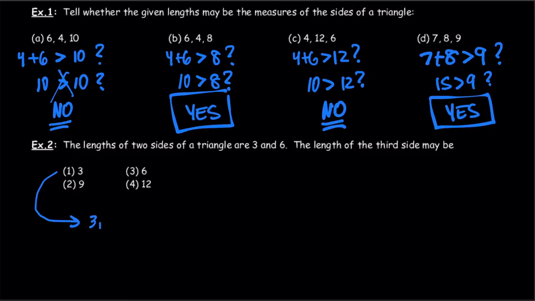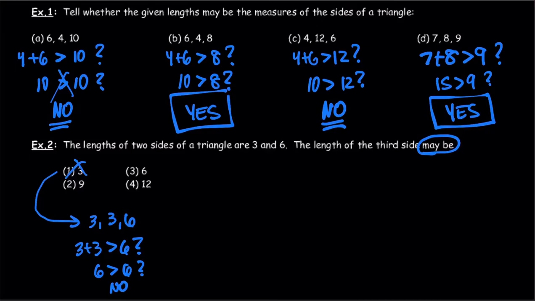It would be 3, 3, 6. You put these three sides in order, 3, 3, and 6. And then you just do what we did up above. Is 3 plus 3 greater than 6? Is 6 greater than 6? No. So that doesn't work. Because it says here, maybe. You want the one that will work. And that's probably the best bet to start.